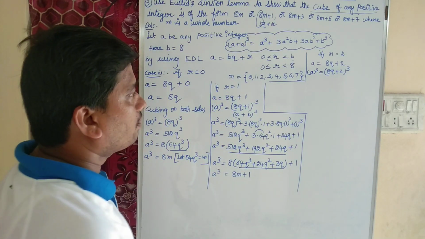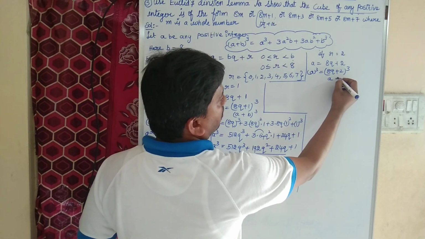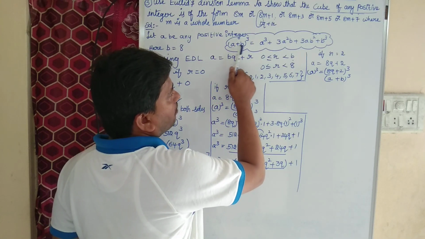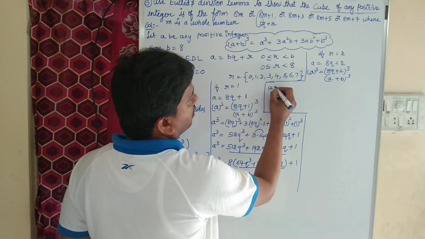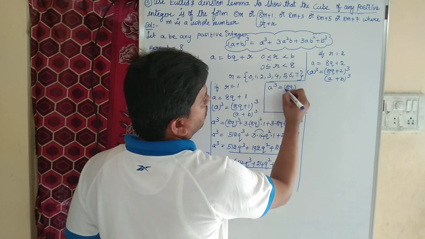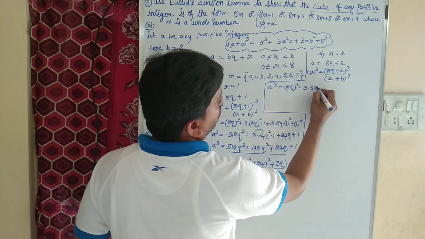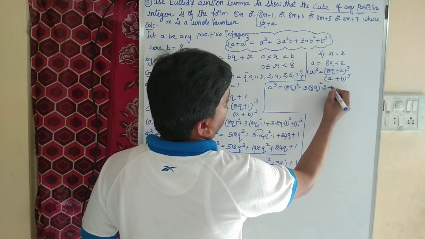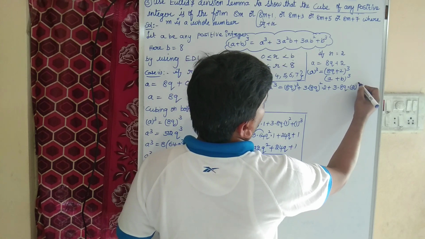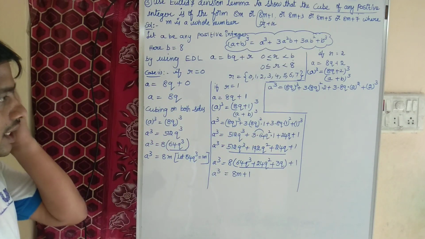Now again, which is in the form of a plus b whole cube. Here a in the sense 8 cube plus b in the sense 2. What is the formula of a plus b whole cube? a cube equals 8 cube whole cube plus 3 into a square, 8 cube whole square into b, plus 3 into a, 8 cube, b square 2 square, plus b cube which is nothing but 2 cube. Right?